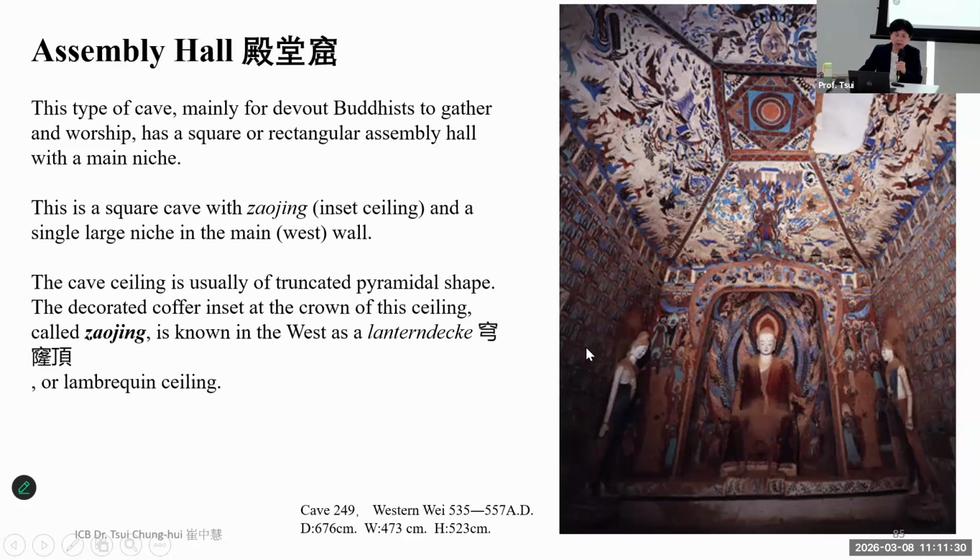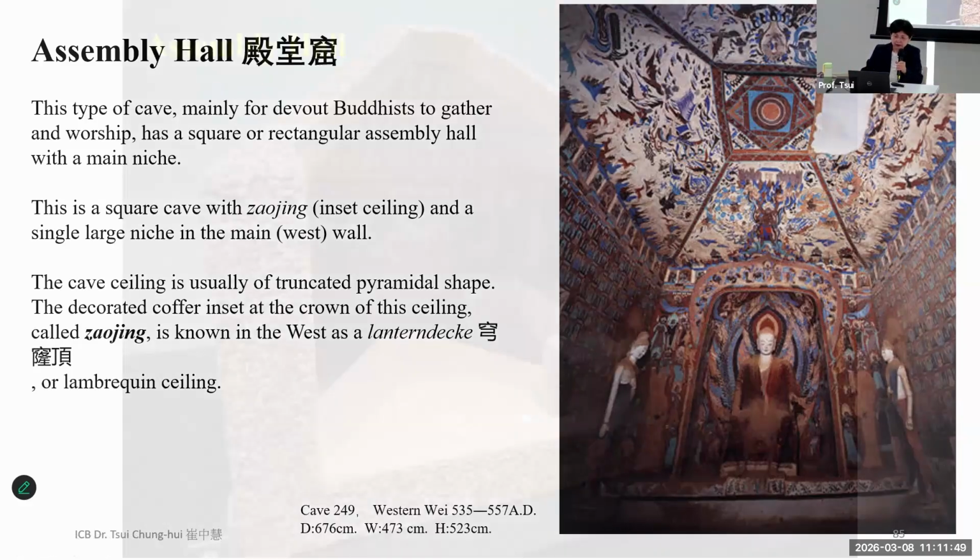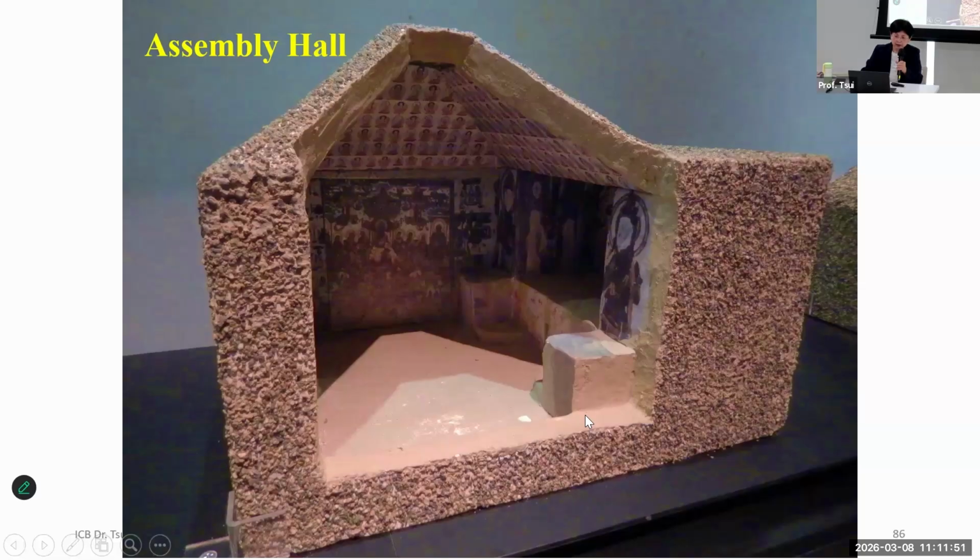The design combines Taoist and Hindu motifs or mythological stories, depicted on the ceiling, with the Buddha and the Bodhisattva on the west wall. So this type of cave was one major type of architecture.